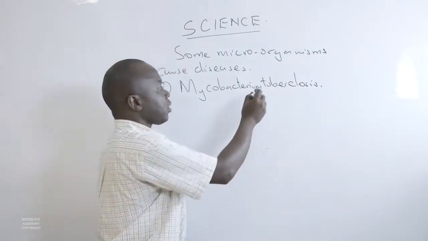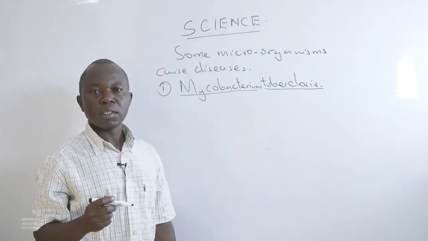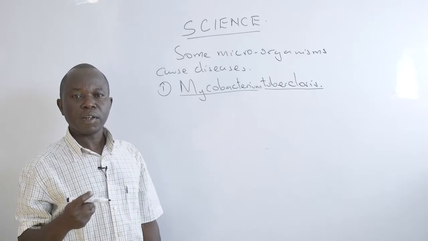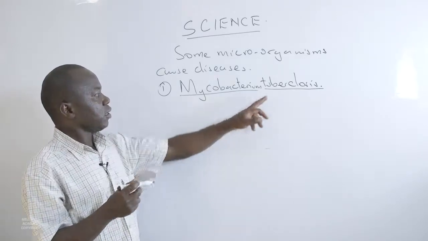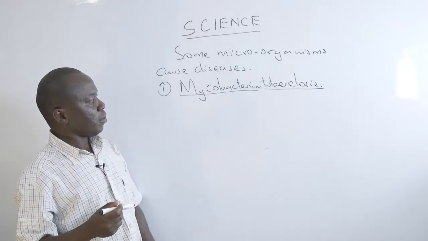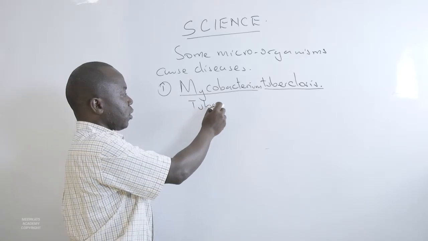Mycobacterium tuberculosis is a bacteria that usually causes a disease. From the name itself, you can identify the type of disease. It causes the disease with the last name of the microorganism, TB, or tuberculosis.